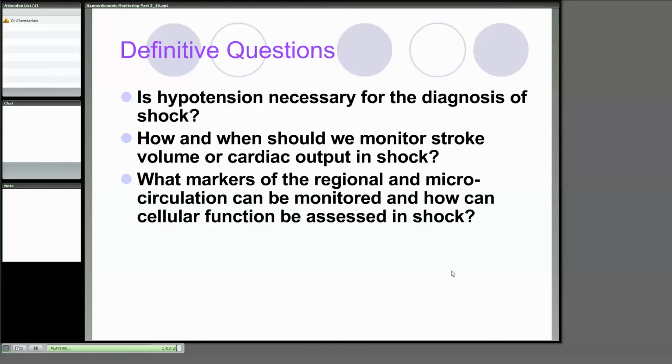Okay, so what are the markers of regional and microcirculation that can be monitored about cellular function? We looked at lactate, but what else can we look at? SpO2, yeah, we can. Voice. Sorry? Urine output. Urine output, yeah, fantastic. GCS. Oh, your GCS, your Glasgow Coma Score. Yeah.